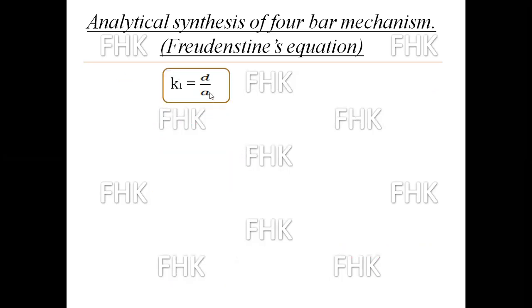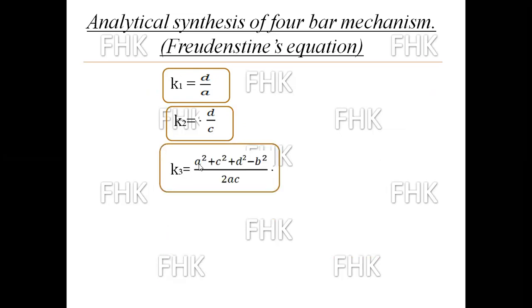So K1 is equal to b by a, okay. d, the fixed link, divided by input link, where K2 is fixed link divided by output link, and K3 is equal to square of input link a square, minus intermediate link plus output link plus square of fixed link, divided by 2ac.